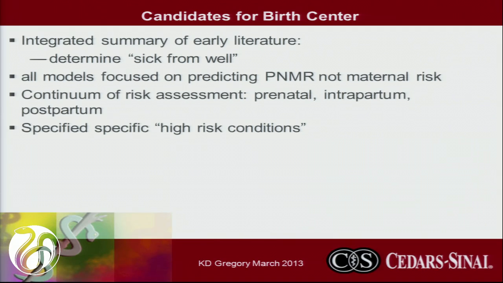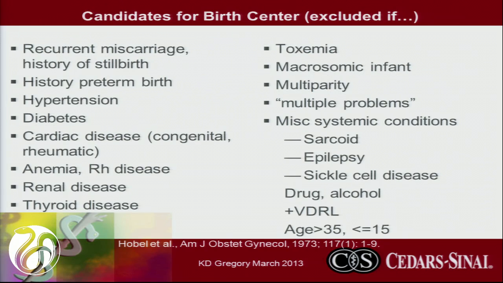But they did emphasize that risk should be continually evaluated in the prenatal period, the intrapartum period, and postpartum. And they ultimately went on to specify specific high-risk conditions, which, when you went back to the older literature, included things like recurrent miscarriage, history of stillbirth, history of preterm birth, and then the conditions that I talked about earlier.